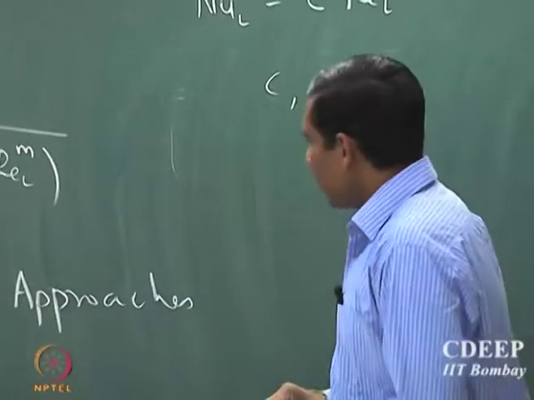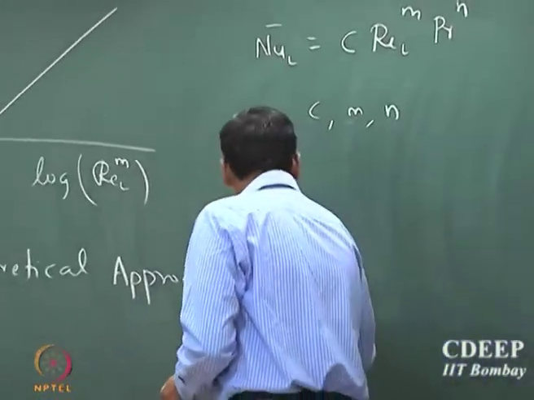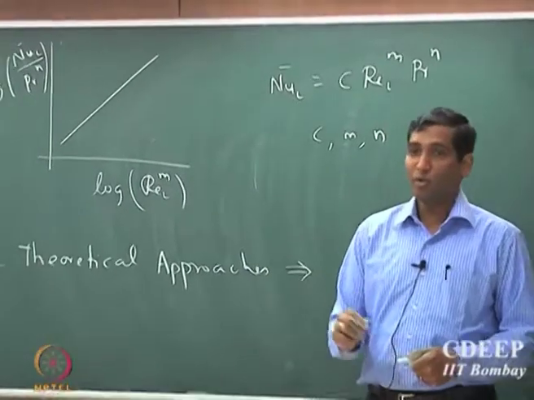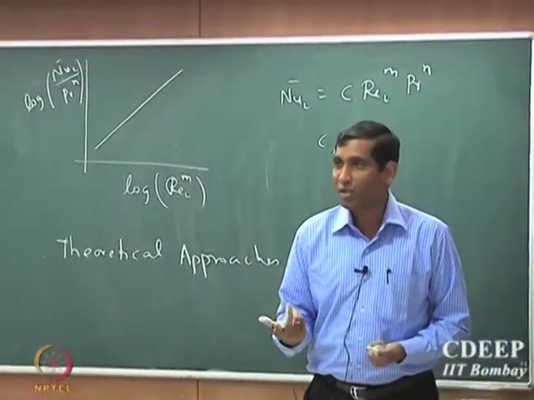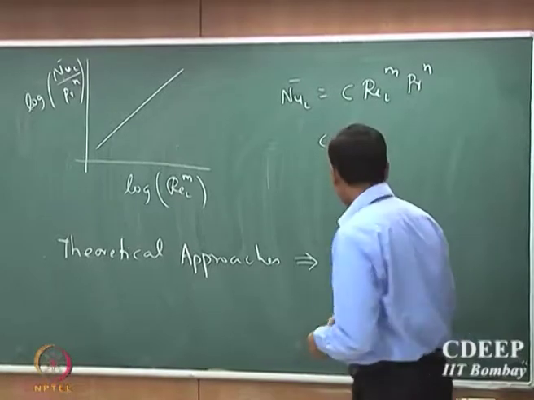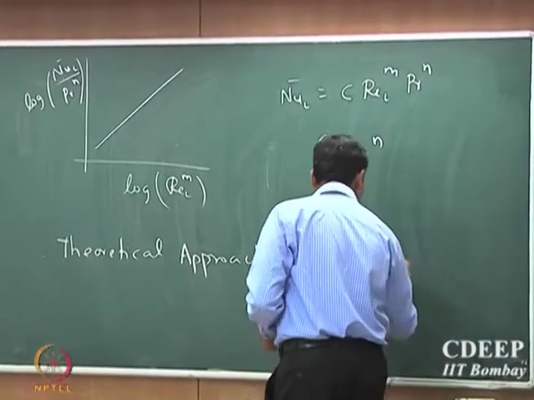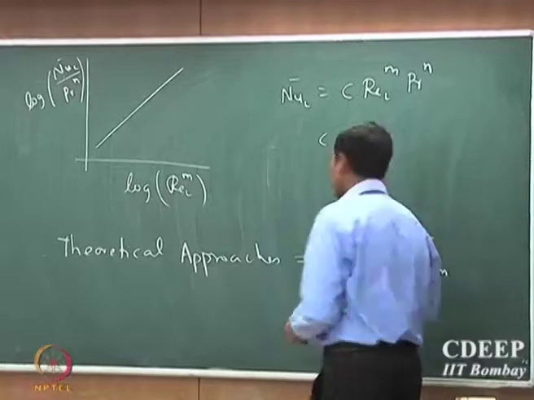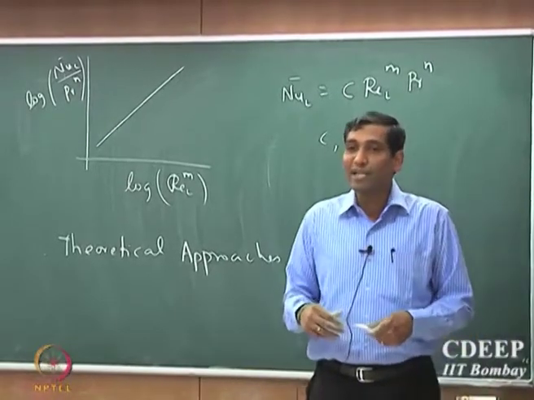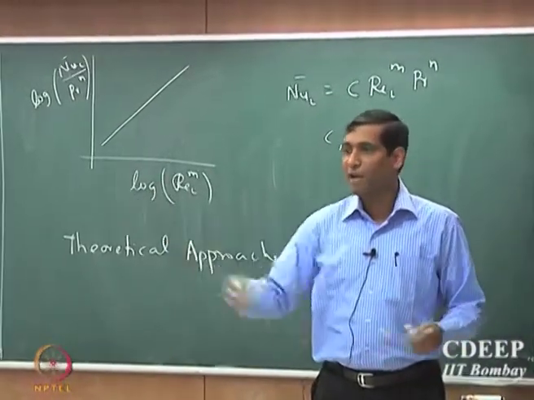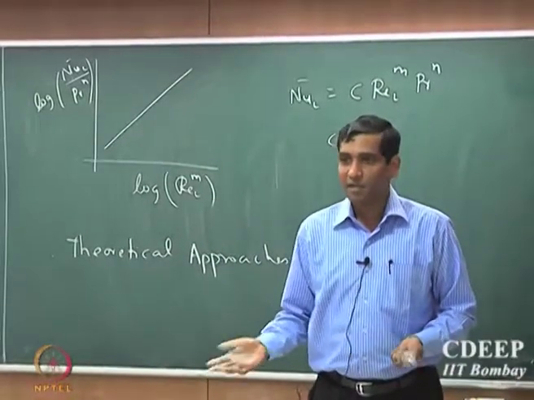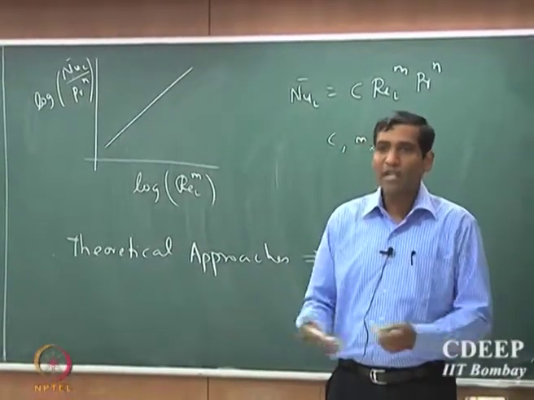Now what is also important to note is that the question that we are trying to ask in all of these problems is what is the average heat transport coefficient and what is the average mass transport coefficient. So we really do not need the full temperature profile and full concentration profile. If we have it, well and good, but that's not really important.